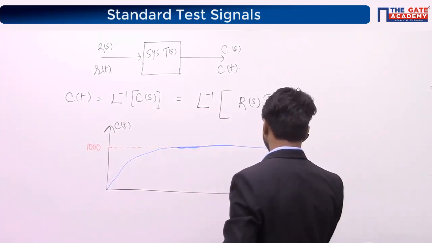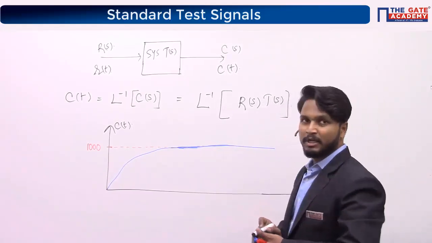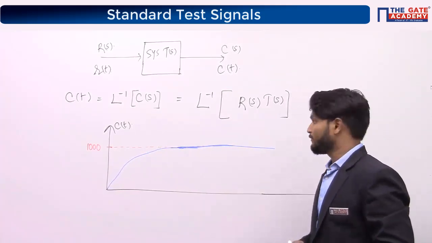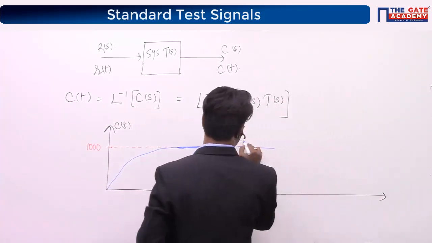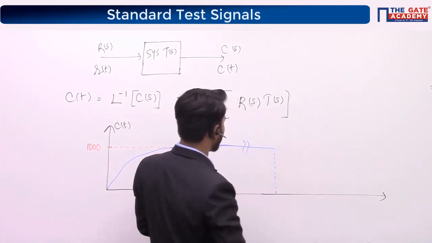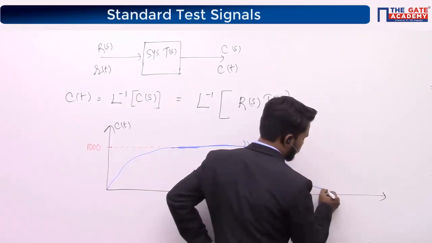After some time, if I turn off the switch, will the speed of the fan become 0 immediately? The speed again drops very slowly.